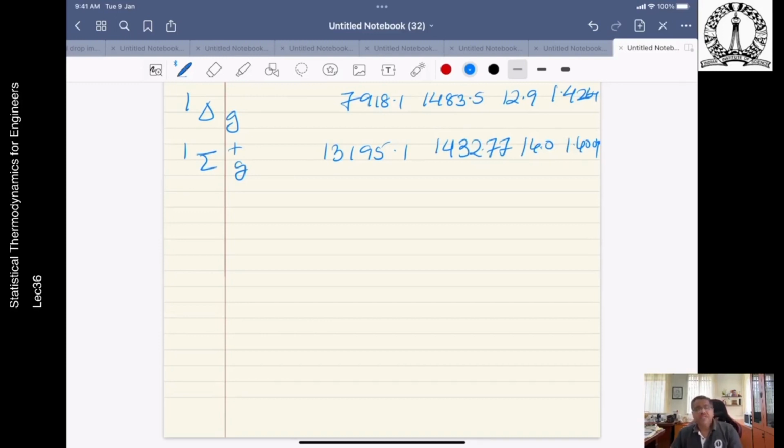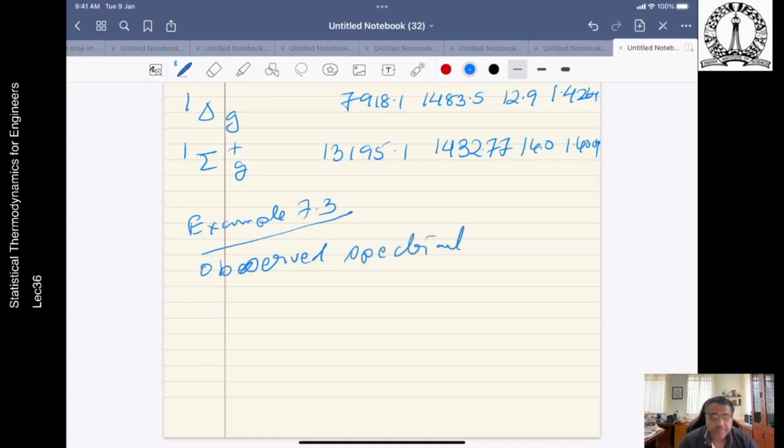Let me give you an example, which is also an example from the book, example 7.3. We will have tutorials on this.